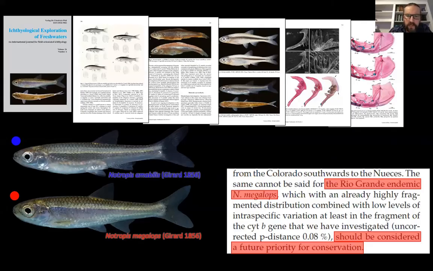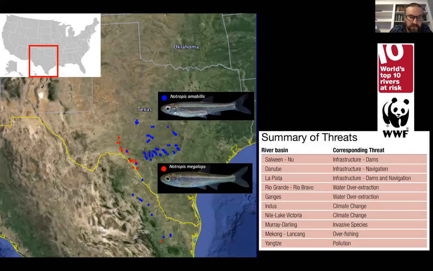And we redescribed the species, and we concluded that it should be considered a priority for conservation because, unfortunately, Natropus megalops is restricted entirely to the Rio Grande drainage in Texas and Mexico. This is a river that's under significant stress, and the World Wildlife Fund has named this drainage one of the world's top 10 rivers at risk, along with some other rivers that you might be familiar with.